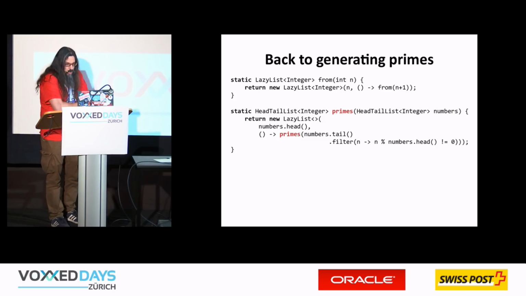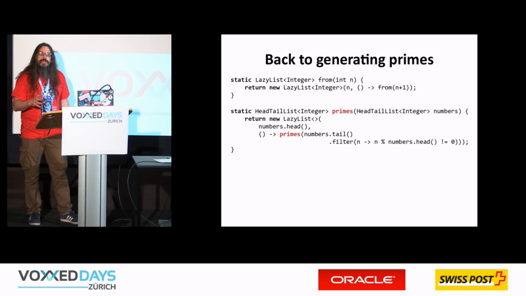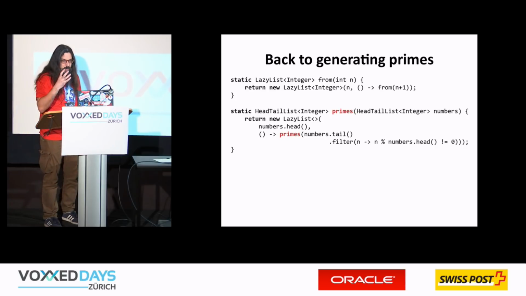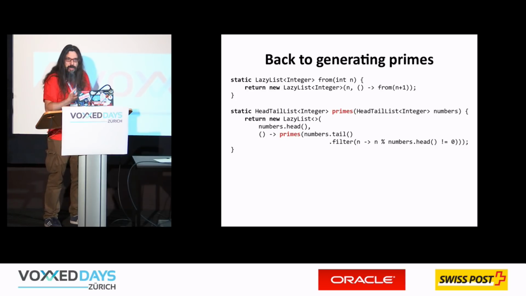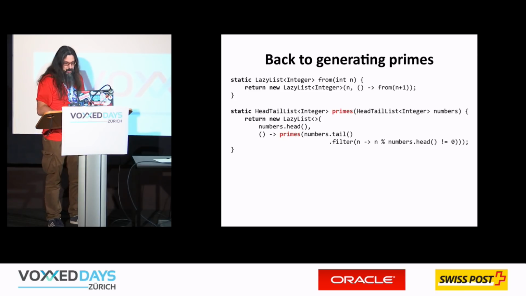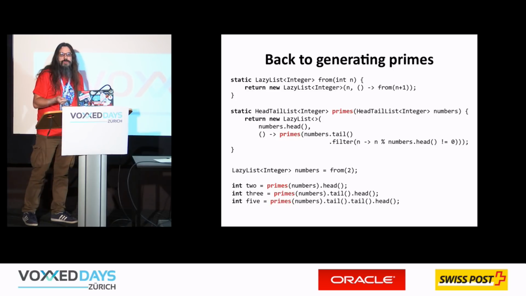Once I've done this, I can finally implement exactly the same idea that didn't work in Java but worked in Scala. This is exactly the translation of the Scala code, but with this new data structure that I've implemented in Java. So how can I use this?